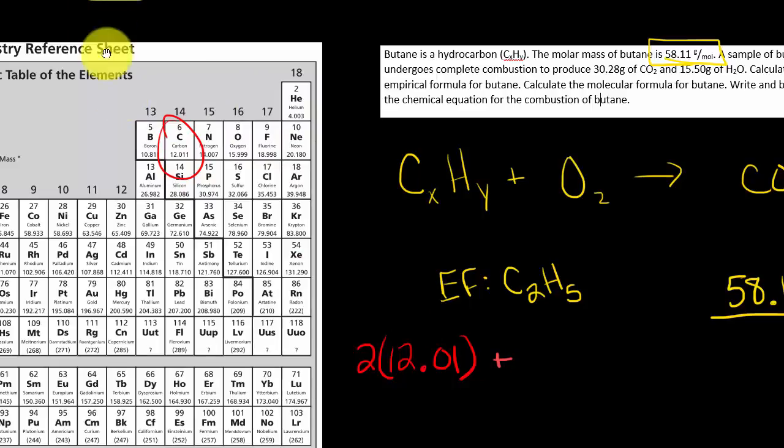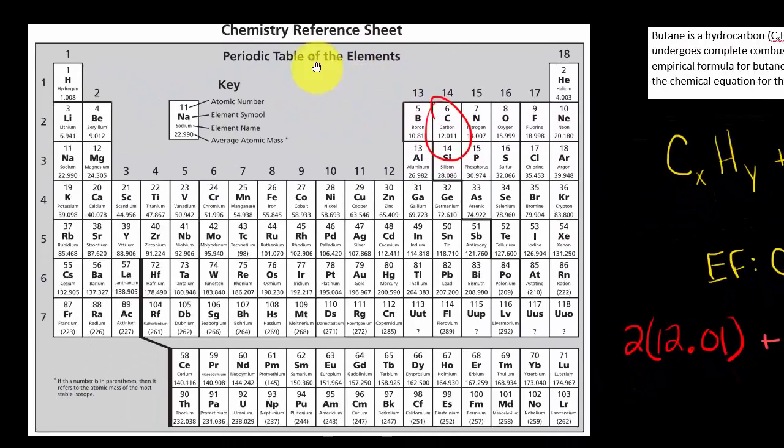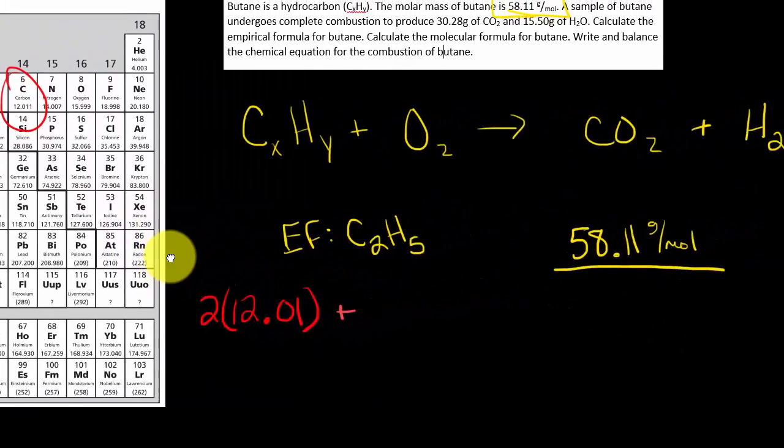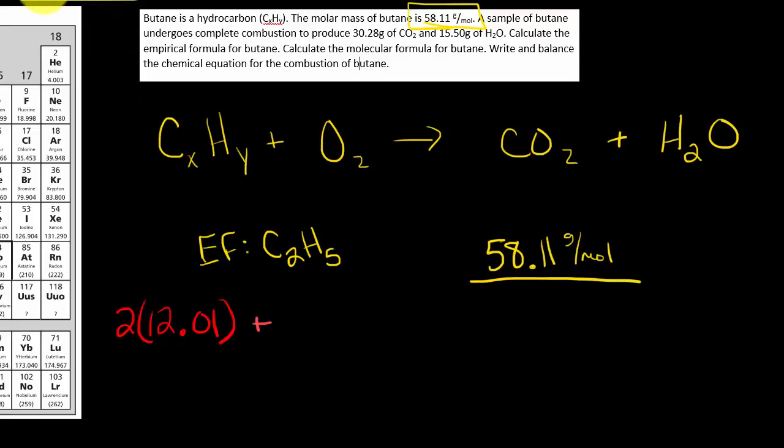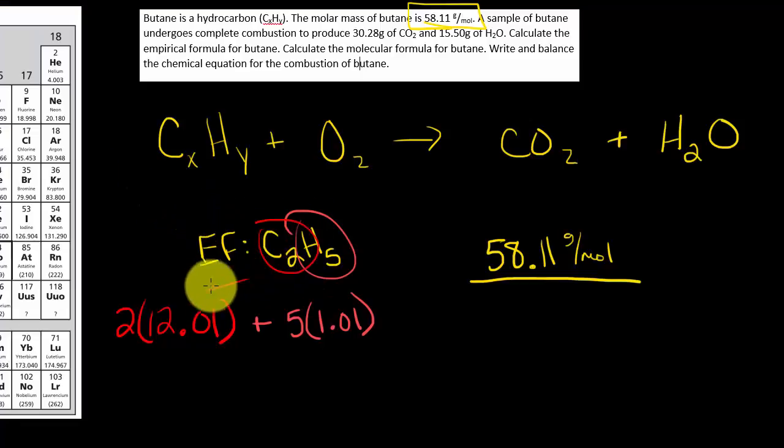Gotta scroll over here to our hydrogens. Sorry for just a second. Our hydrogen, which is 1.01. So we come back over here, and our hydrogen is 1.01, and we have 5 of them. So 5 times 1.01. So this is our hydrogen, and this over here is our carbon.